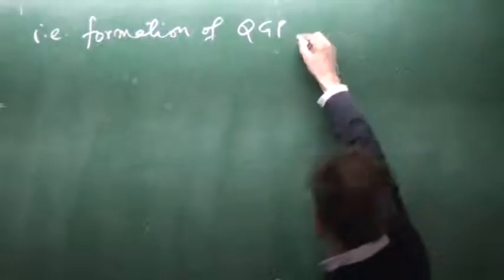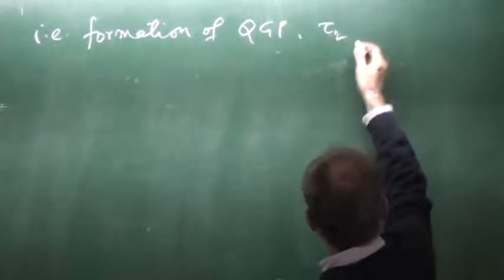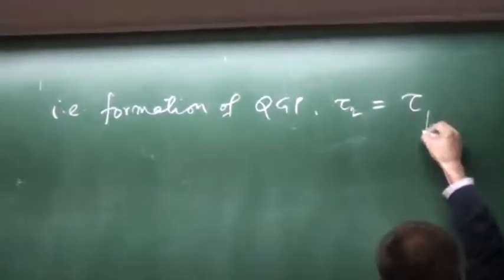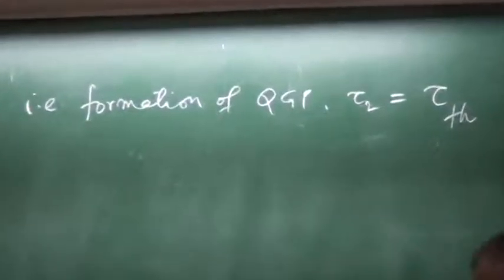Of course, provided the interactions are strong enough and enough number of times they collide. So this tau 2 is also denoted by tau thermal, that is thermalization time.